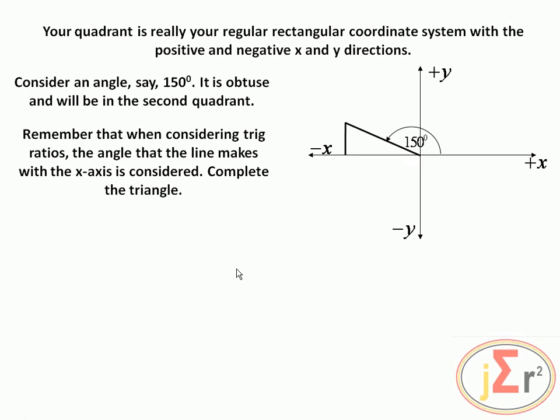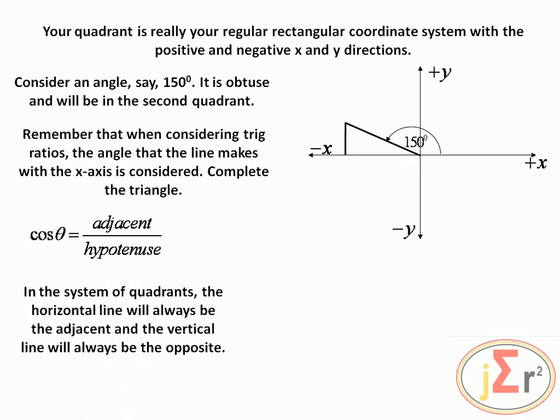And we complete the triangle like that. Cos theta is adjacent over hypotenuse. Is it really? Yes, it is. In the system of quadrants, the horizontal line will always be the adjacent and the vertical line will always be the opposite.